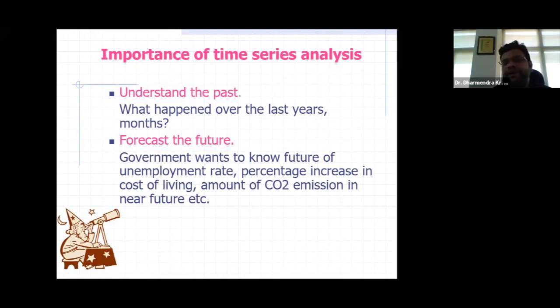Accordingly, the government will make certain policies to deal with them. Any policy maker, even from a private organization, will form their policies this way. So these are the two importances of time series analysis: to understand the past behavior of the phenomena, and to forecast the future.